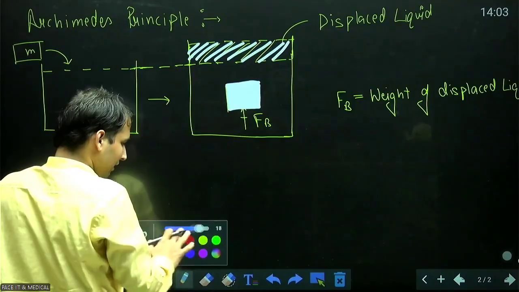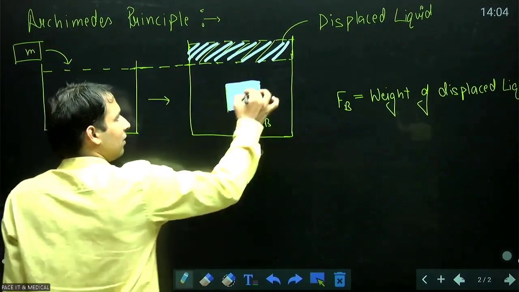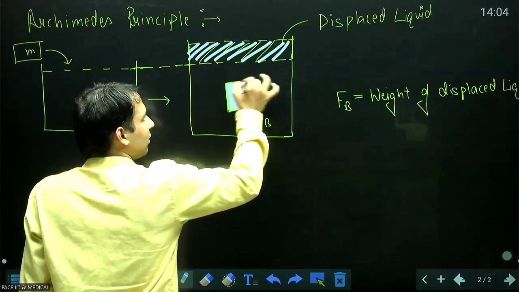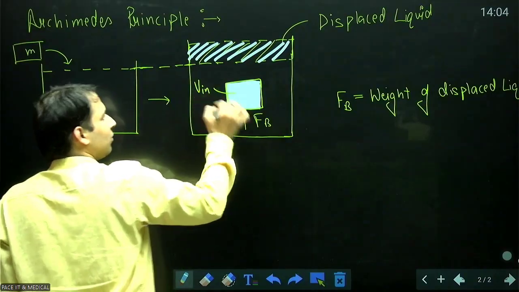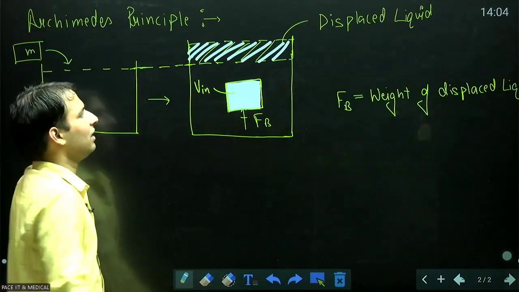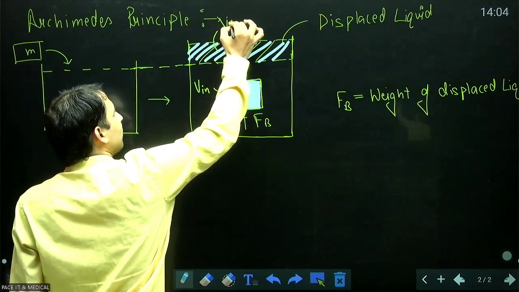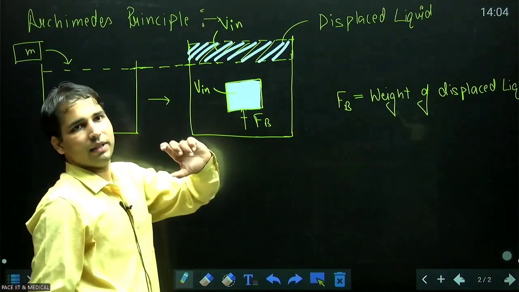So the body which is inside the liquid, the volume of this body, we will call it volume inside. It might be completely immersed or partially immersed. So volume inside will be only the displaced volume, right? Only this much volume will be displaced.